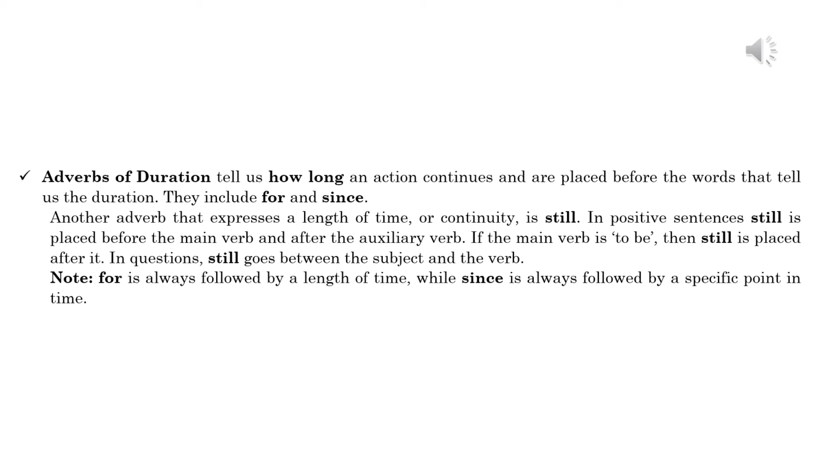If the main verb is to be, then still is placed after it. In questions, still goes between the subject and the verb. Note, for is always followed by a length of time, while since is always followed by a specific point in time.